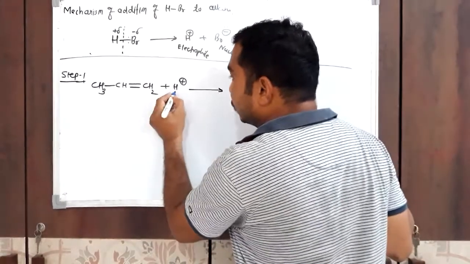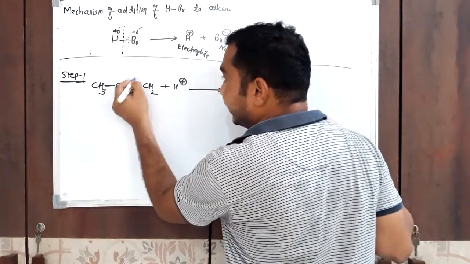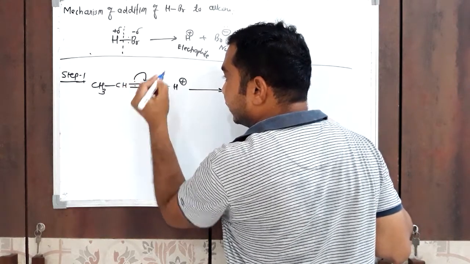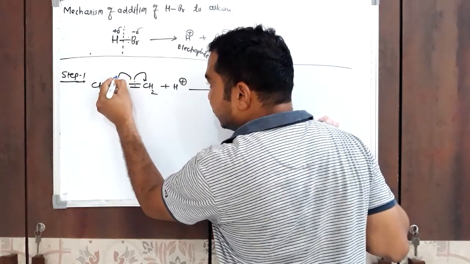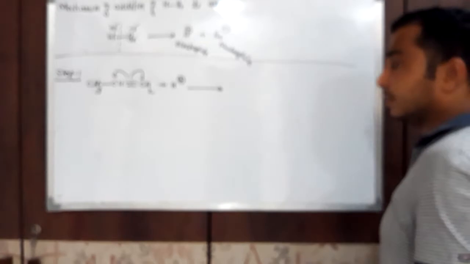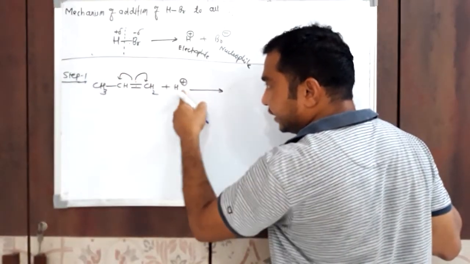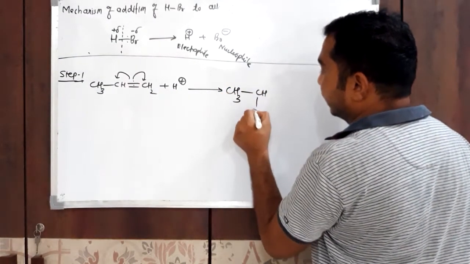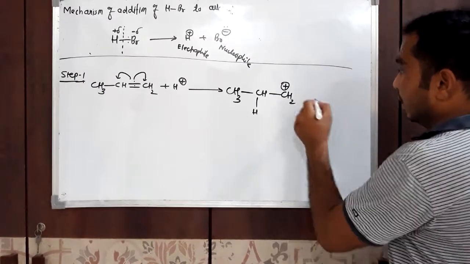So what happened in this reaction? This HBr will attach to one of the carbon atoms. This pi bond electron pair will be shifted here, and then H plus attached to this, or it is also possible it can be shifted here. See, if this bonding electron pair shifted over this carbon and then H plus attacks this, then this carbon becomes positive.